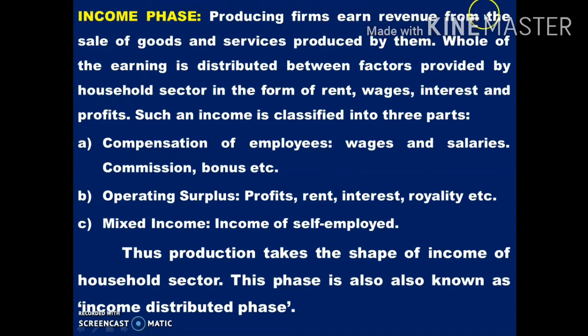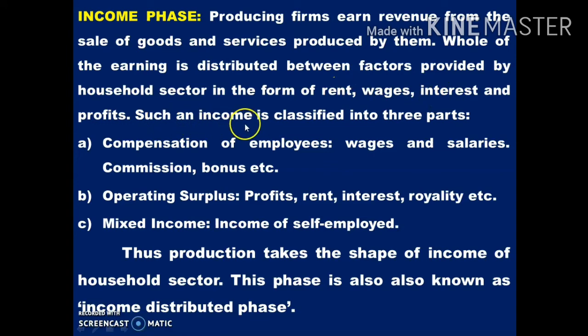Producing firms earn revenue from the sales of goods and services produced by them. The whole of the earnings is distributed among the factors provided by the household sector in the form of rent, wages, interest and profits.